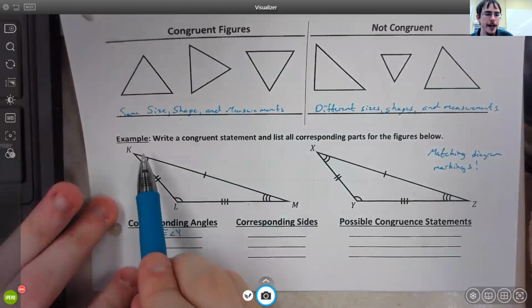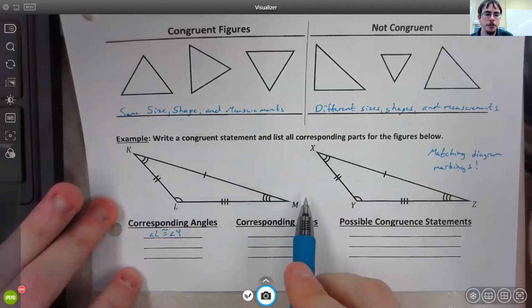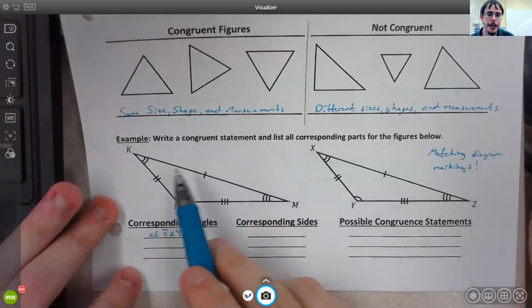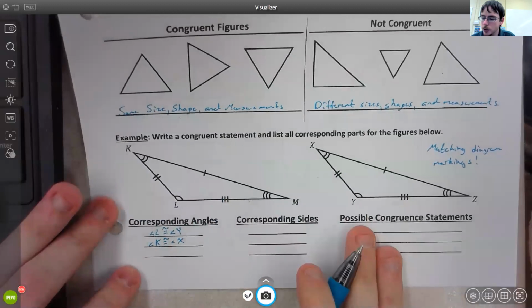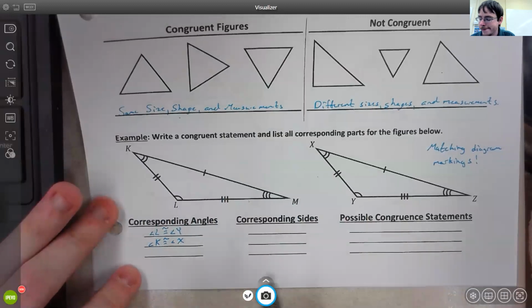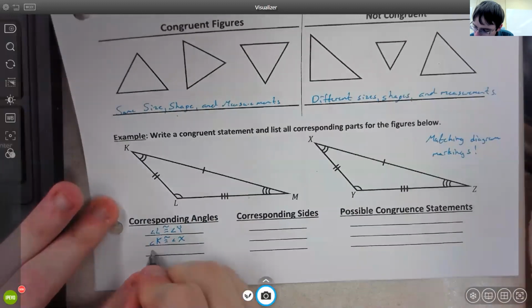We also see that K has two angle measures. Which one on the other triangle has two arcs in it? Which one matches up with K? That would be X. So angle K is congruent to angle X. And then finally, M has three arcs on it, and so does Z. So angle M is congruent to angle Z.